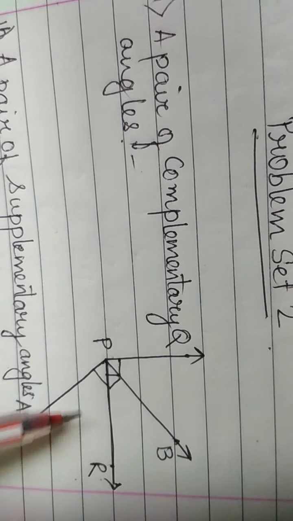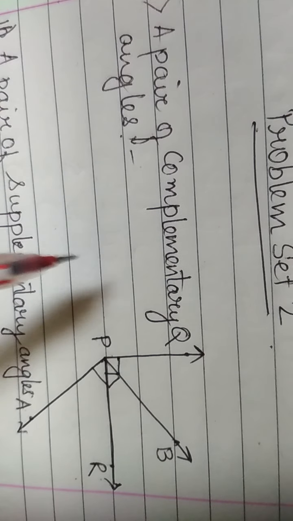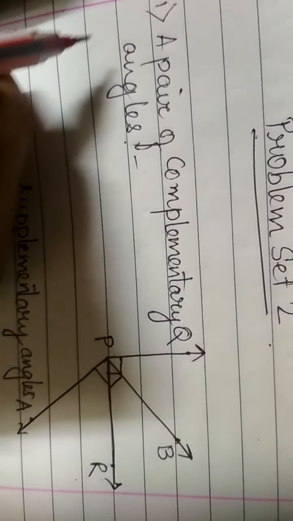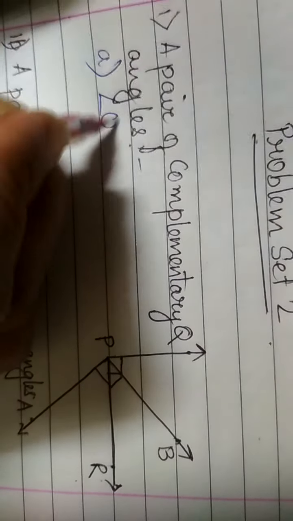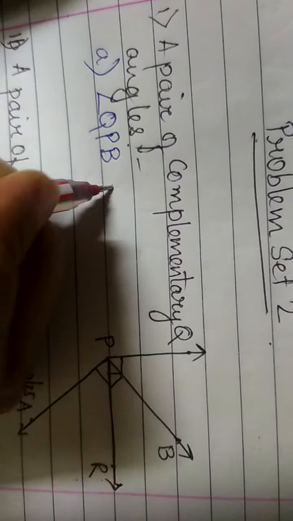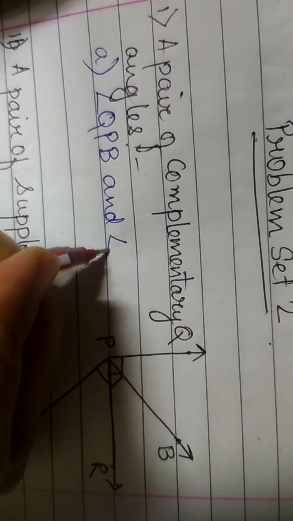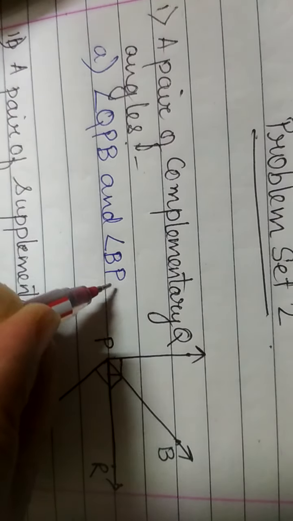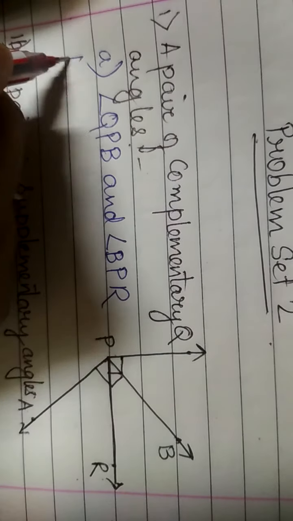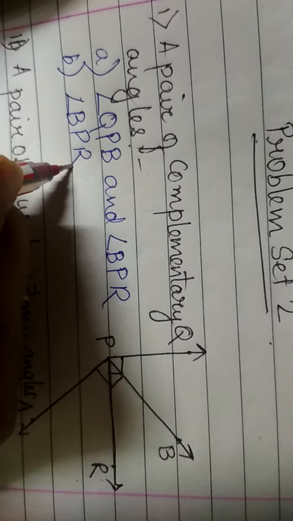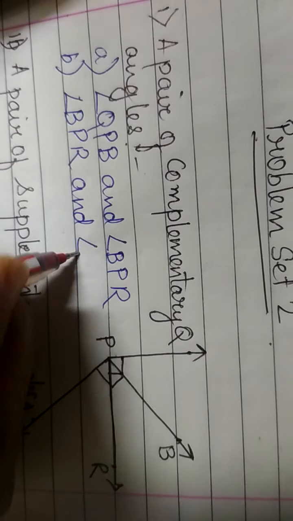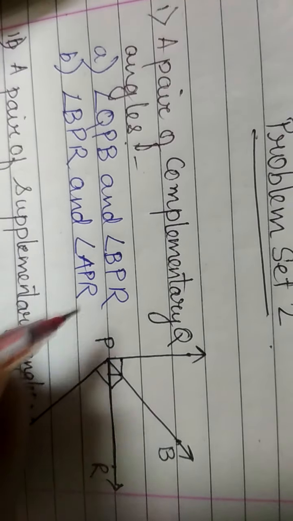According to the diagram, a pair of complementary angles is angle QPB and angle BPR. Another one is angle BPR and angle APR.